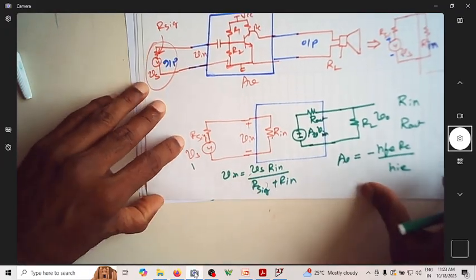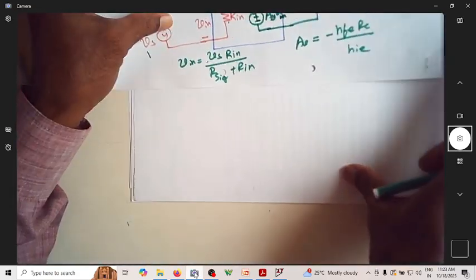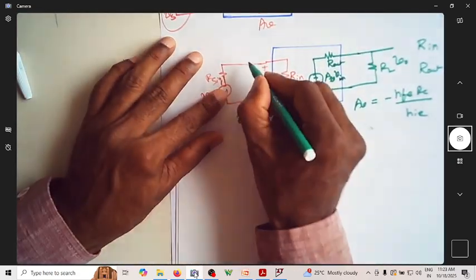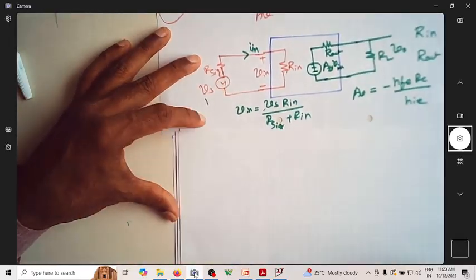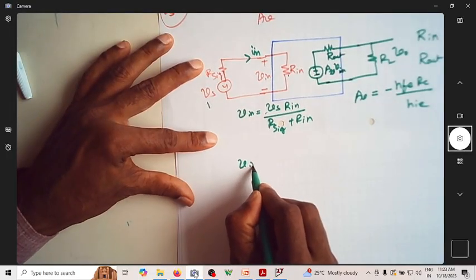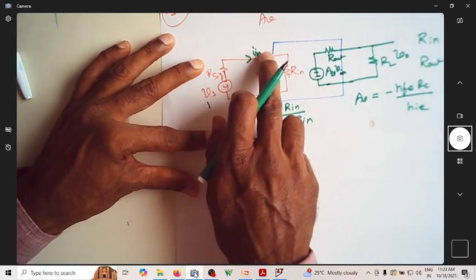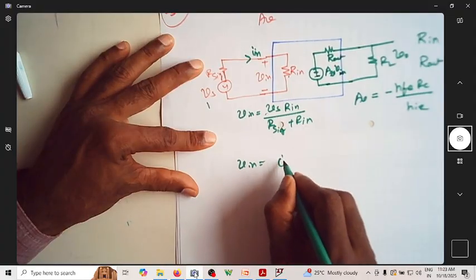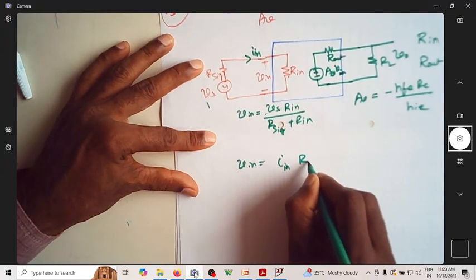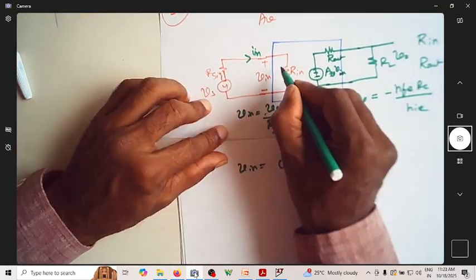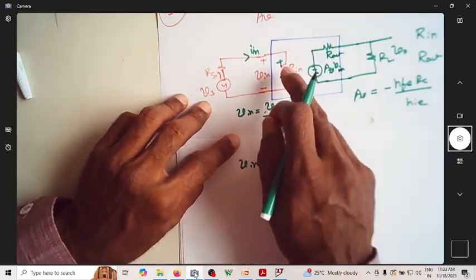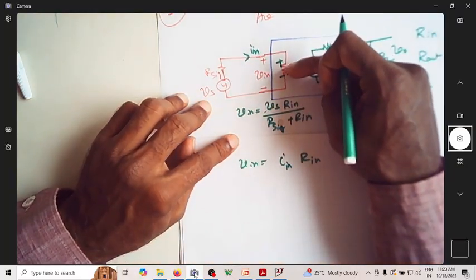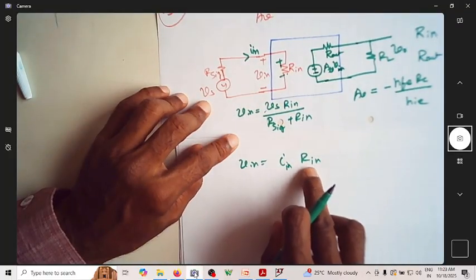How did I get this expression? Let me rewrite this. So now let me consider a current of I in. So what is V in? Can I write V in is equal to this current multiplied by R in, I in multiplied by R in, because I know that this is the current I'm assuming to flow through this. So this input voltage is nothing but the drop across this resistor, which is nothing but I in into R in.